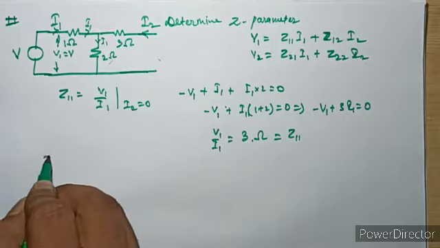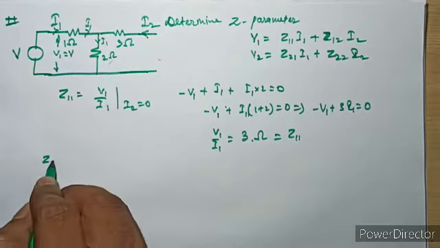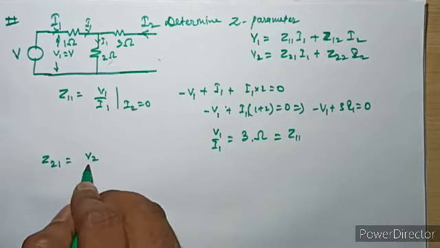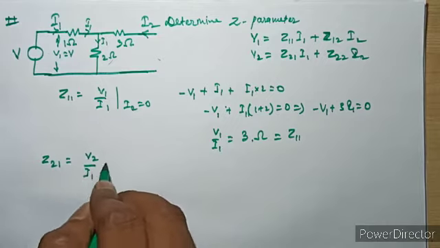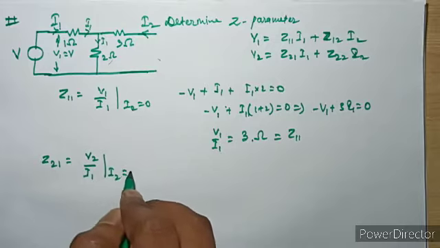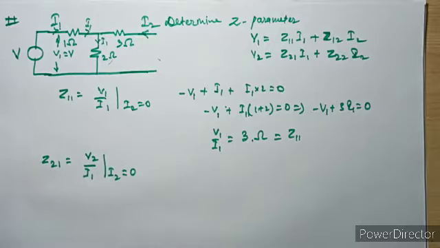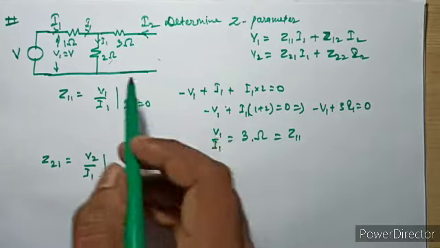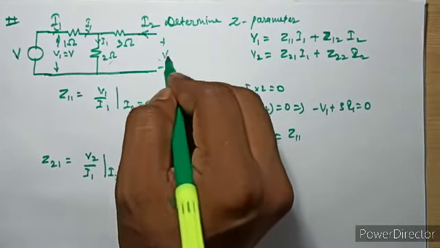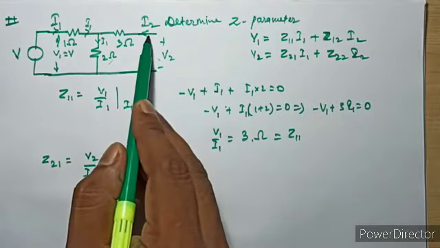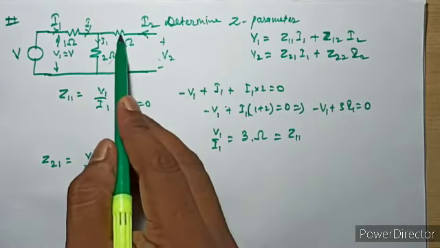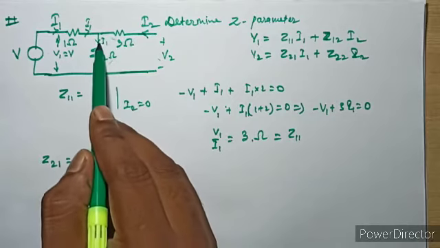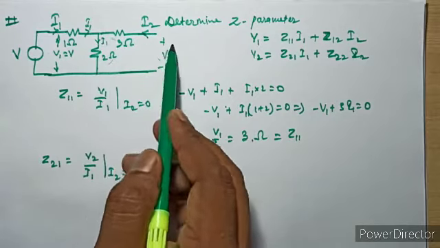Similarly, Z21 will be V2 by I1 when I2 will be 0, means output port is open circuited. Now V2 will be what? This is our V2. Since I2 is 0, there will be no drop here, so whatever voltage drop across this will be equal to V2.